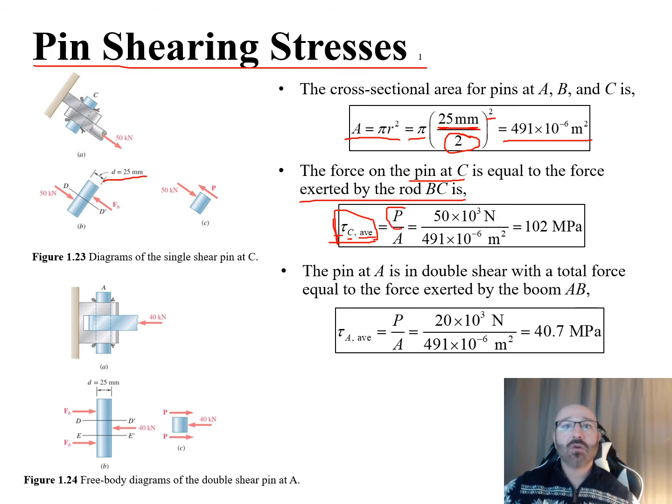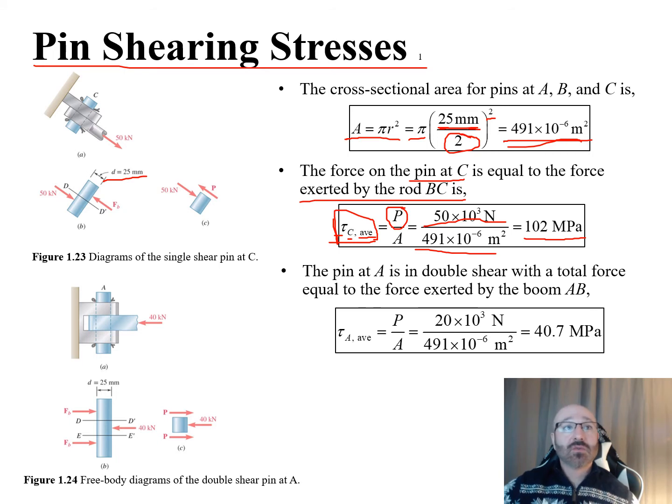This is going to be our load, and our load from BC we saw was 50 kilonewtons, or 50 times 10 to the third newtons, divided by our cross-sectional area. And we just determined that our cross-sectional area at each pin is going to be the same, 491 times 10 to the negative 6 meters squared. We do this out here, and our tau C, our shear stress at point C, is equal to 102 megapascals.